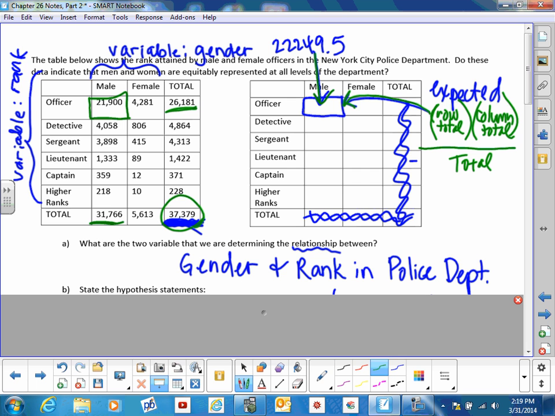Okay, so that's how you could do each cell by hand. How could we do that with the use of our calculator? Since I've got 12 cells there, and by the way, you do not need to fill in this total. Those are going to be identical to the observed matrix, so I should have just not put that on there, so my bad. But I want you to fill in the rest of those. Do you remember how to do that? First, what should we do?